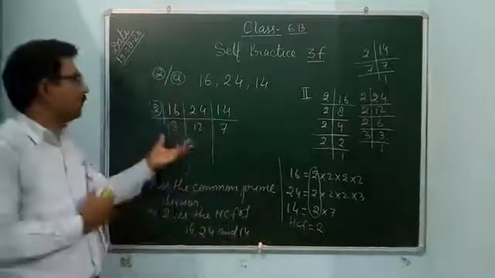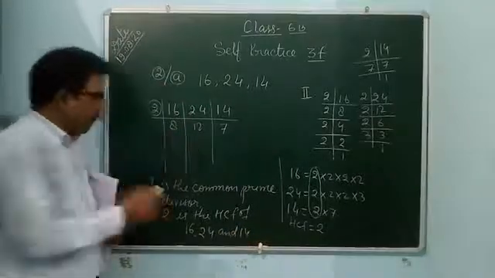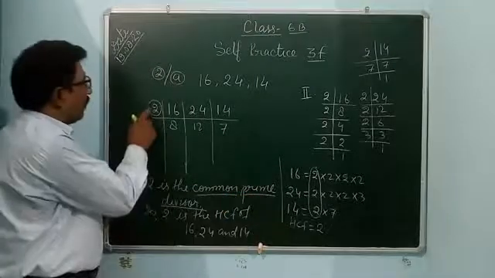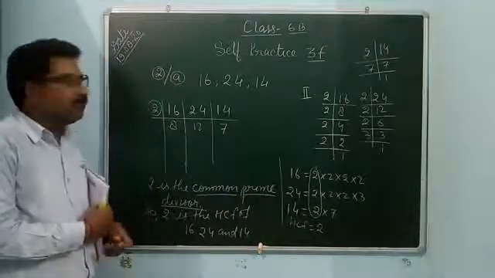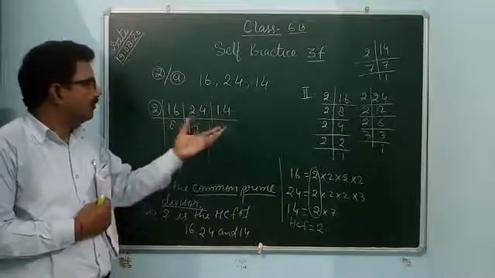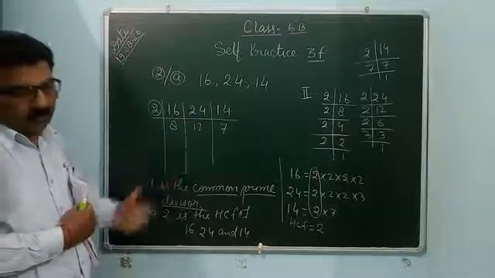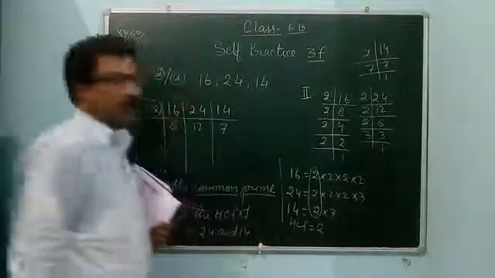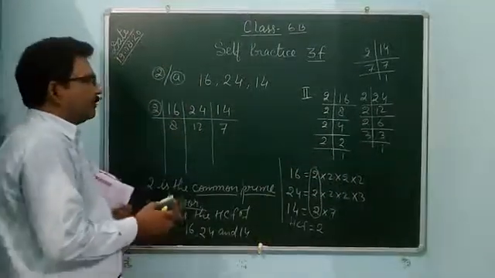In this way also you can do it, using common prime division. It means 2 divides all three numbers. And the fourth method I am going to explain is the long division method.